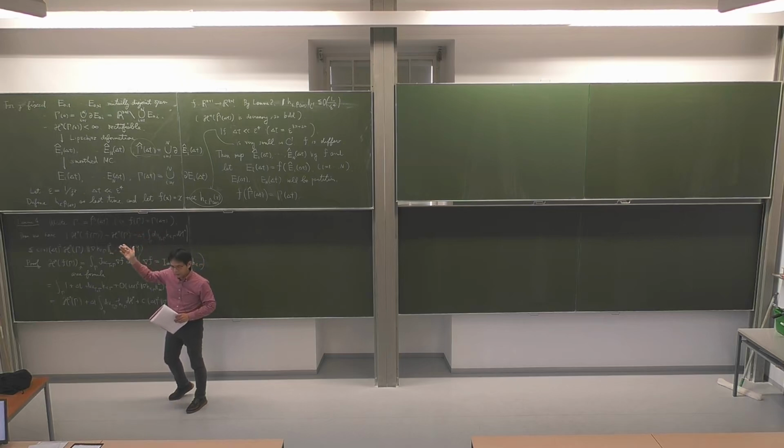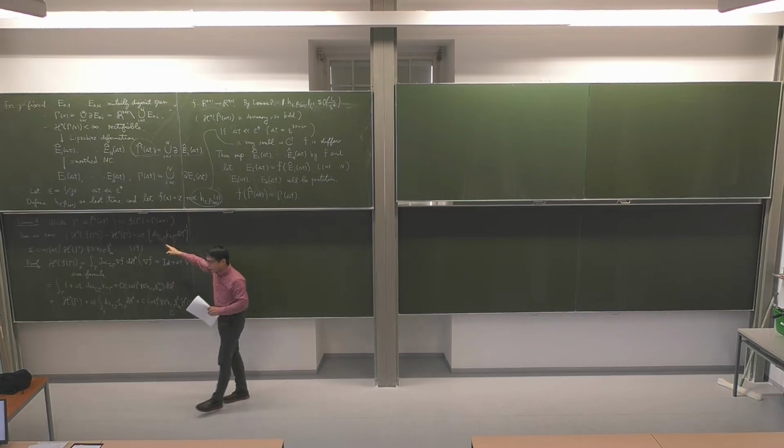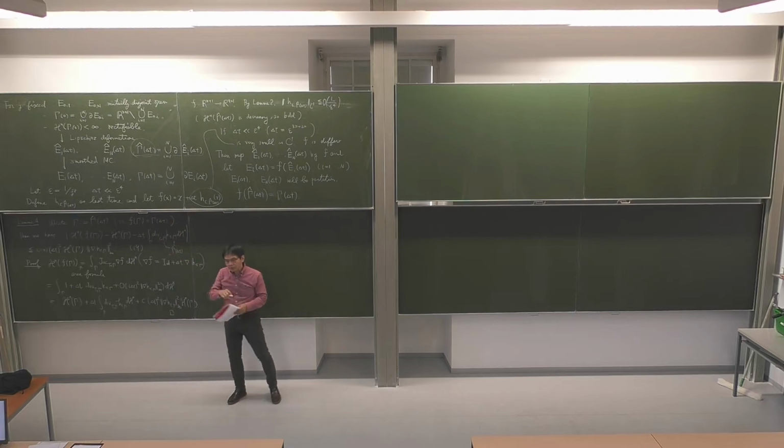For example, here this is with respect to tx of gamma hat of delta t, and so forth here also. So I want to replace it by the object which we want to keep track of.